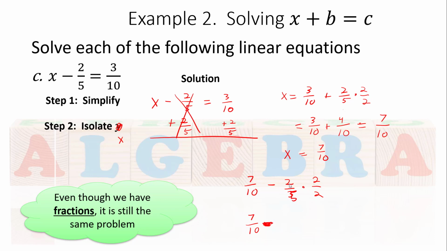Remember that the new numerator is going to be the product of the two numerators, so 2 times 2 is 4. And the new denominator is going to be the product of the two denominators, 5 times 2, which is 10. And then the result is going to have a denominator of 10. That's why we wanted our common denominator. And the numerator is going to be 7 minus 4, or 3, which is what we were looking for.